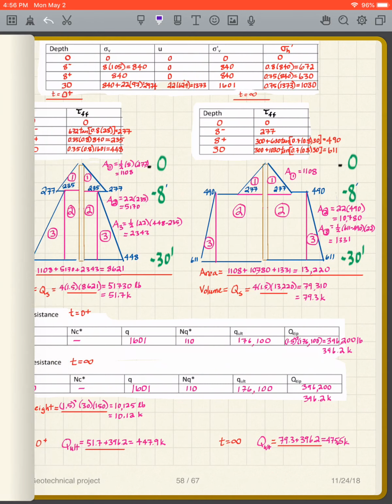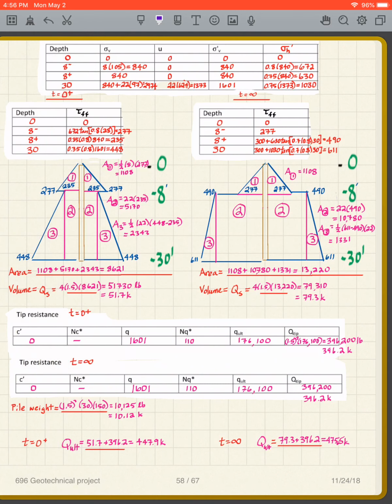So I simply multiply these sigma v primes by those k values, and I get my sigma h primes. And of course, the top one is 0.